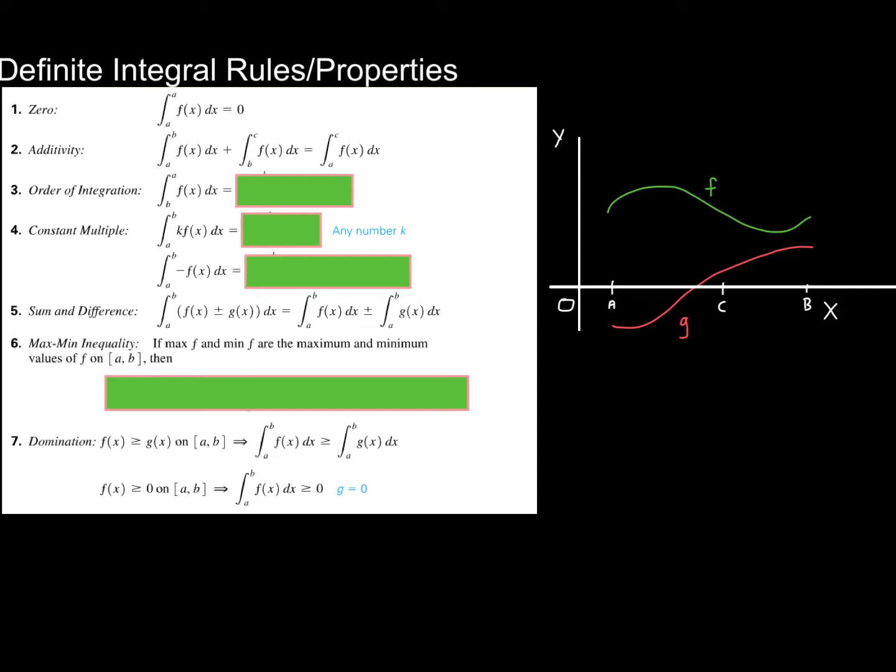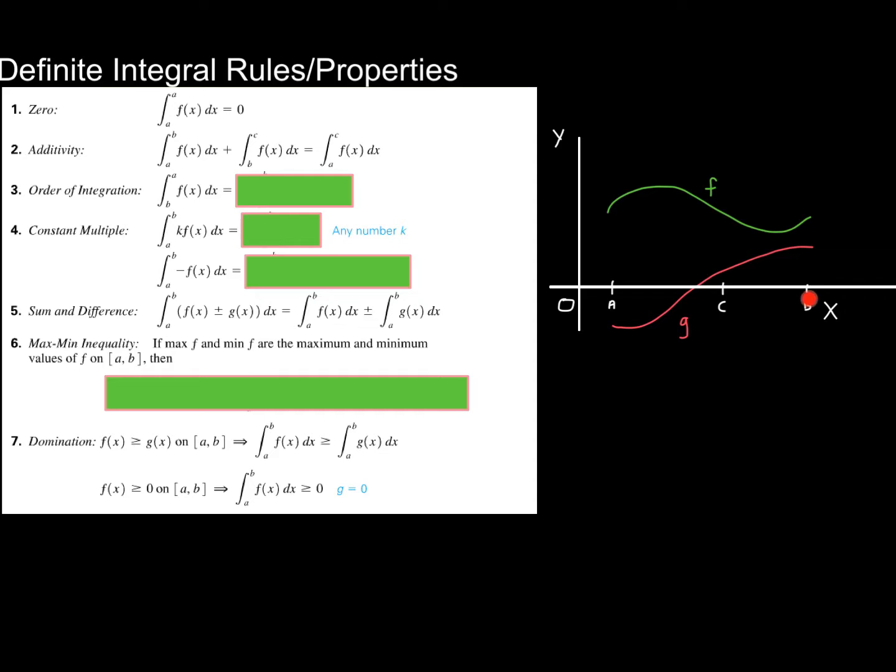All right, let's go to one of the more helpful ones here, which is that if I have the integral from b to a of f of x dx, what will that be equal to? Well, what you want to remember here is that we're considering, and I have this graph here, that b is greater than a.